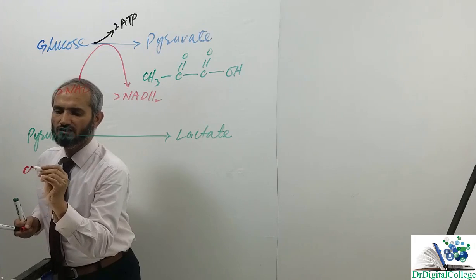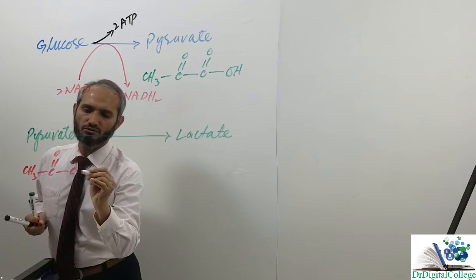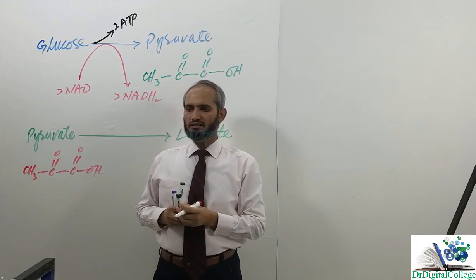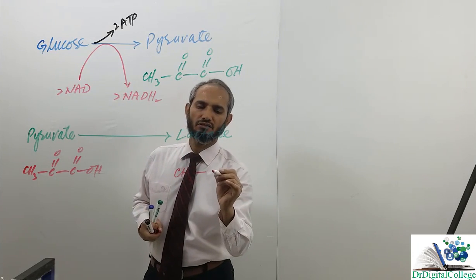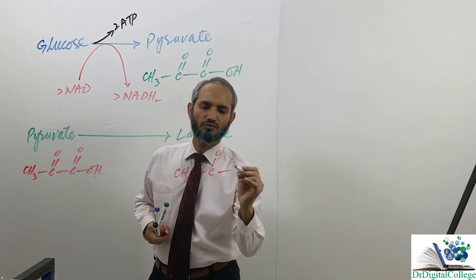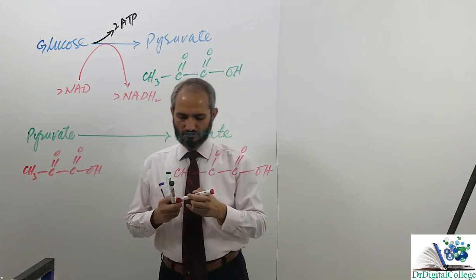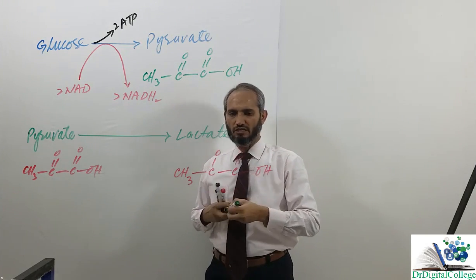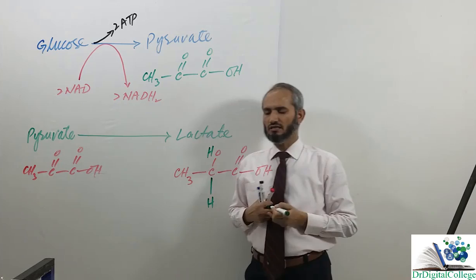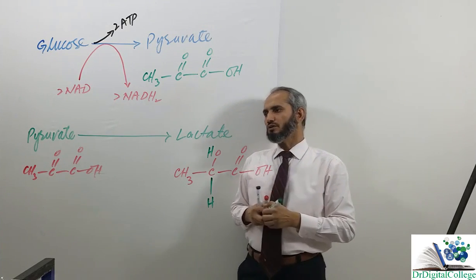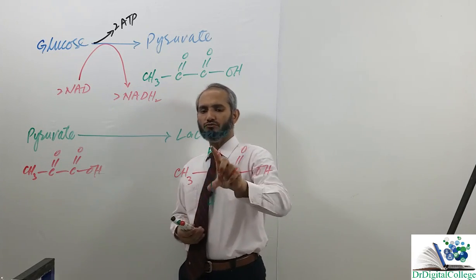Pyruvate is CH3, C double bonded O, C double bonded OOH, while lactate is CH3, CHOH, C double bonded OOH. Along with it there is one hydrogen attached over here and one hydrogen attached over here.